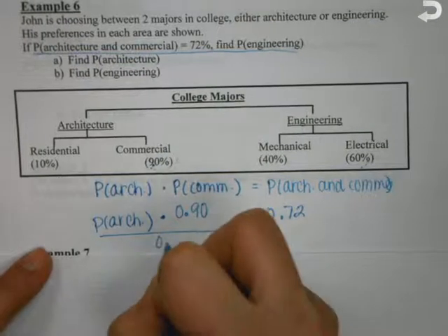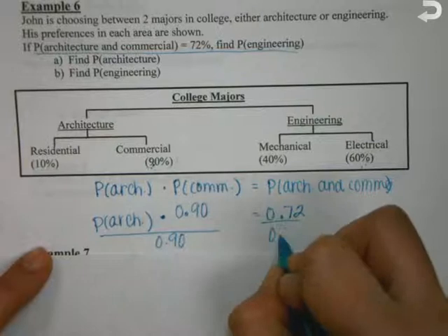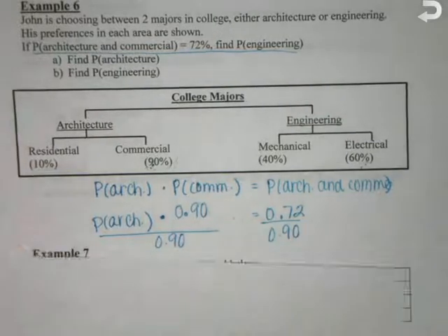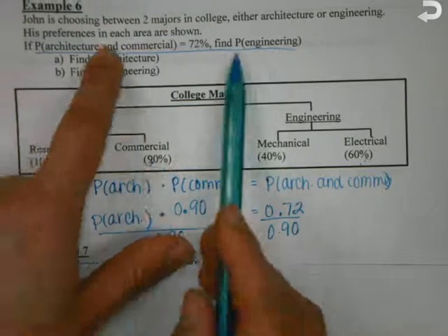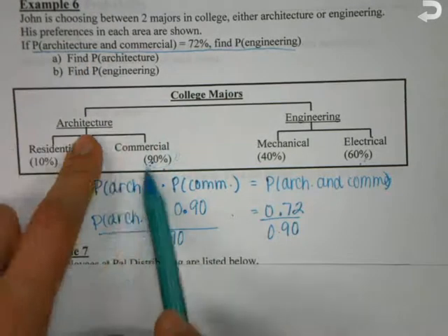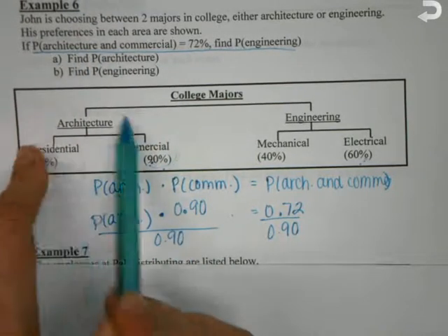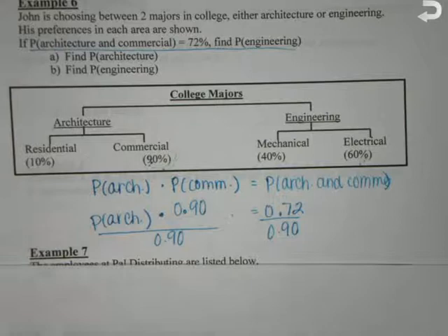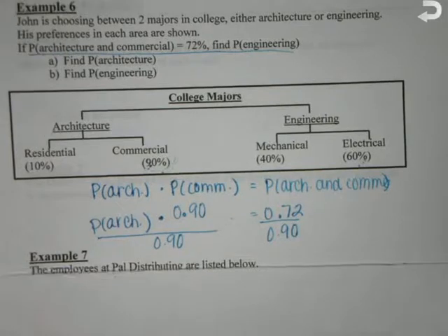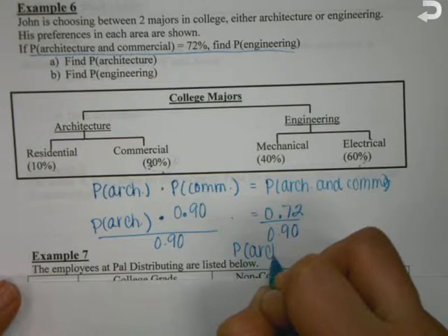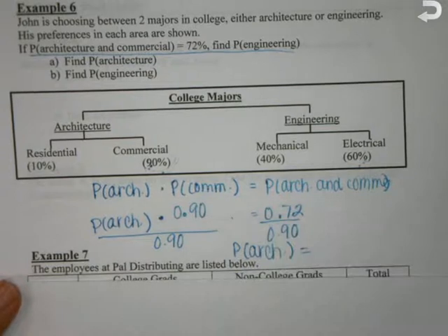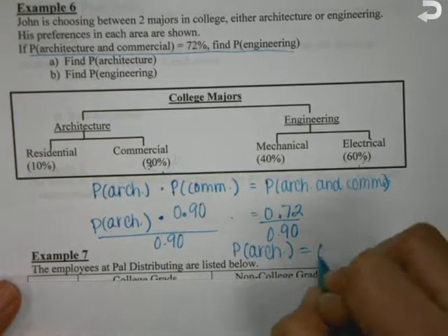It says that this one is 90, and the probability that he's going to go this route is 72%, but not architecture in general. So what's the probability that he's going to choose architecture in general? 0.72 over 0.9 comes out to 0.8, which is 80%. So the probability that he's going to choose architecture is 80%.